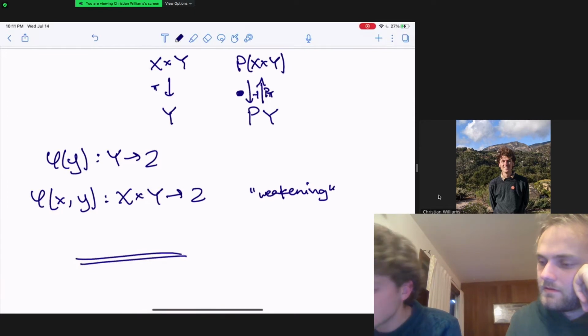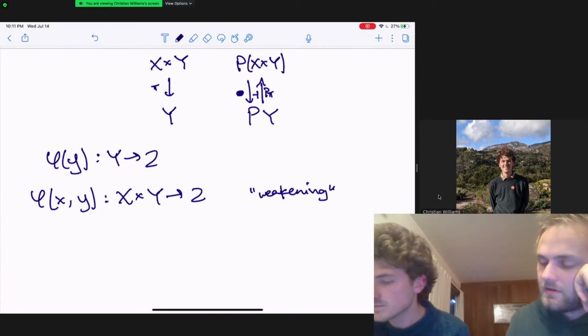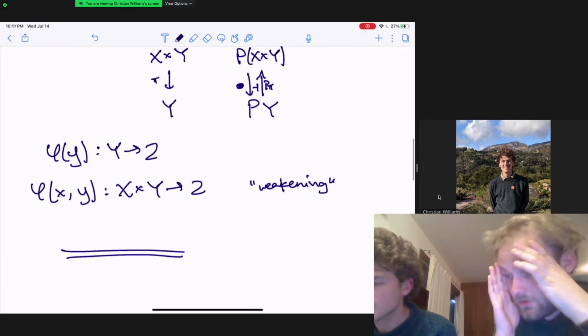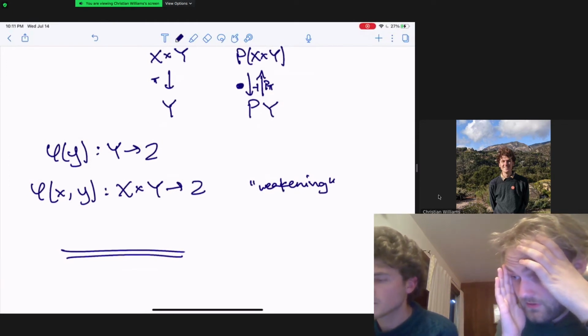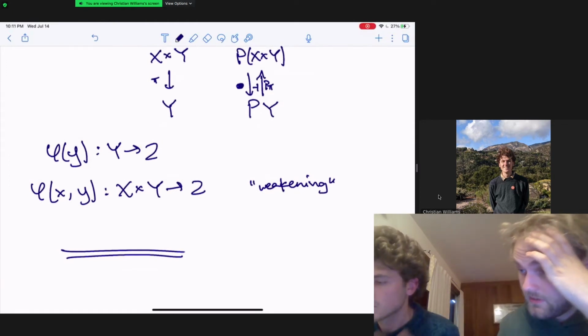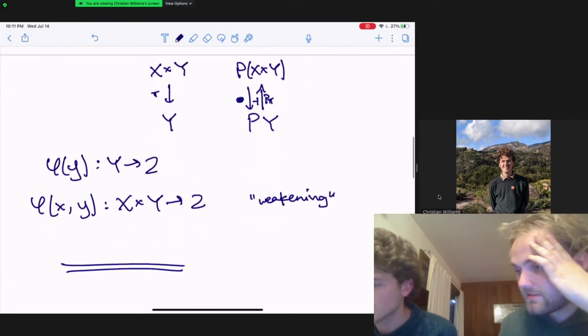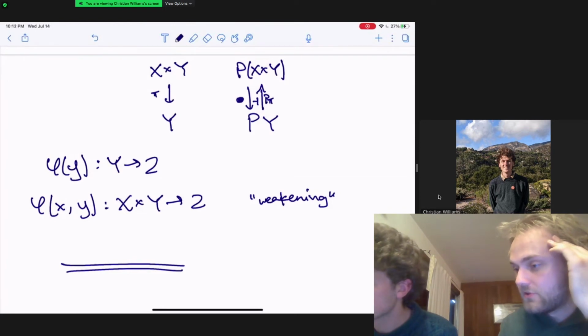There's an equivalence between predicates on x times y and predicates on y, and we want the left adjunction.